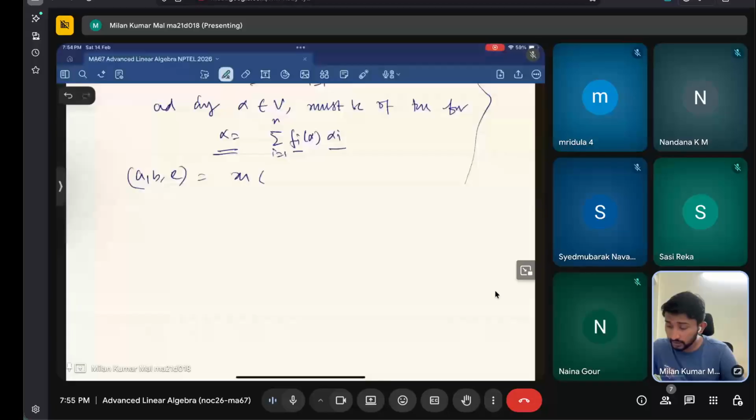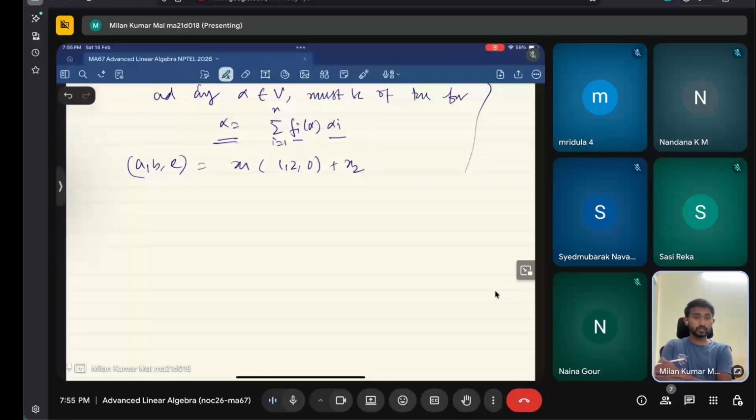Alpha 1, alpha 2, alpha 3 are actually 1, 2, 0, then 0, 1, minus 1, then 2, 1, 1. So it is x1 times (1, 2, 0) plus x2 times (0, 1, minus 1) plus x3 times (2, 1, 1). I have to find x1, x2, x3.